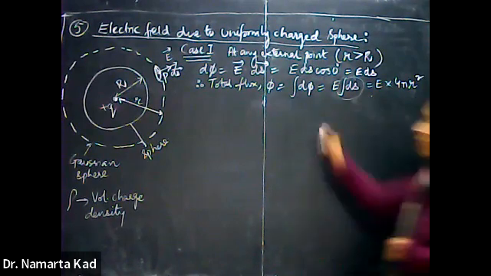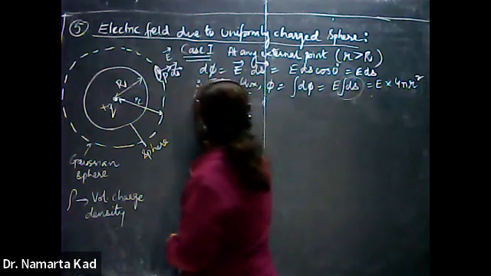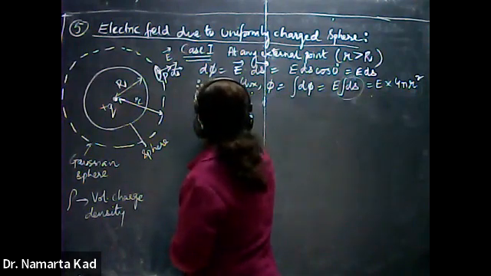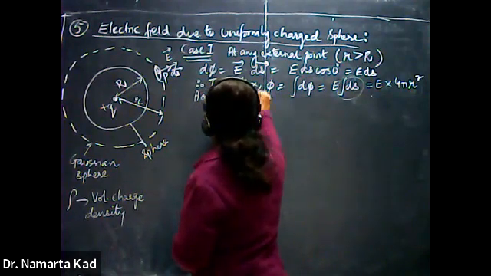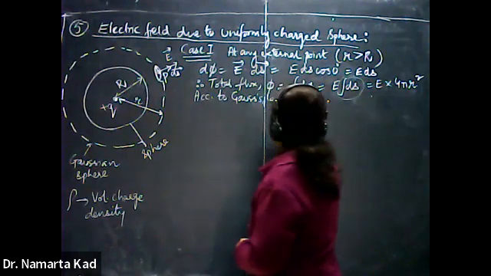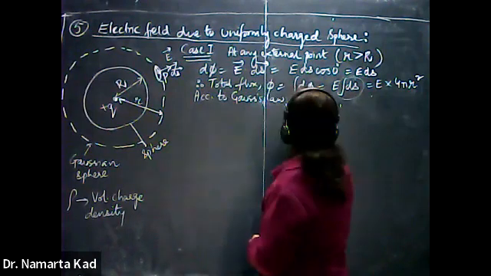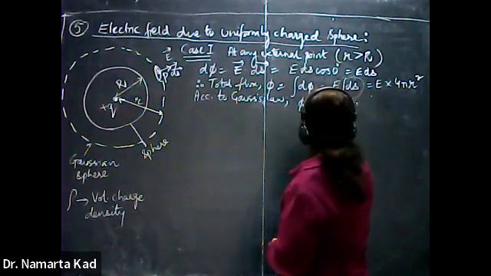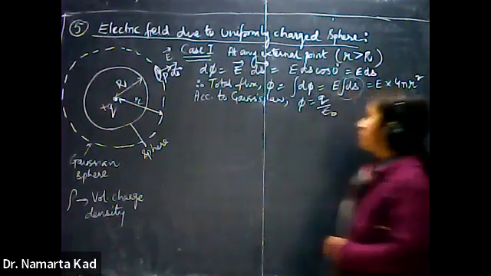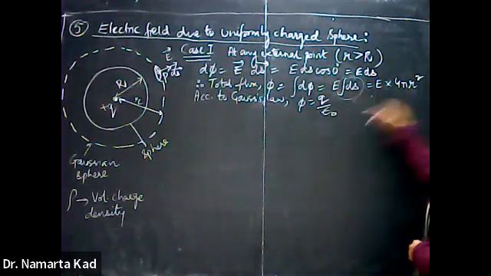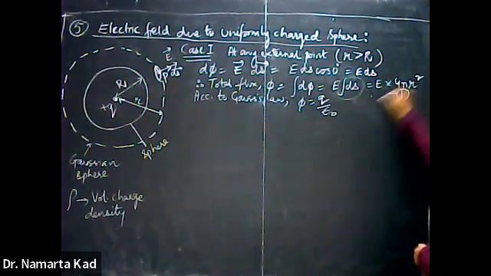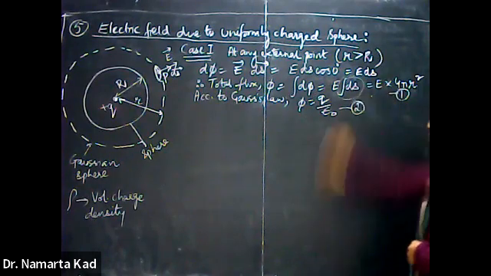And now according to Gauss's law, phi equals q by epsilon naught. Okay, one phi is this, second phi is this. Just mark them as equation number 1 and equation number 2.